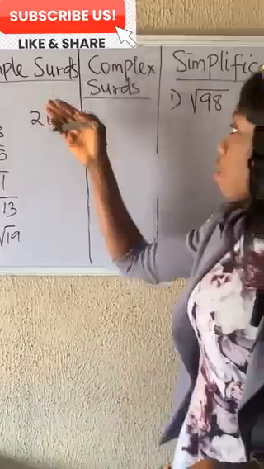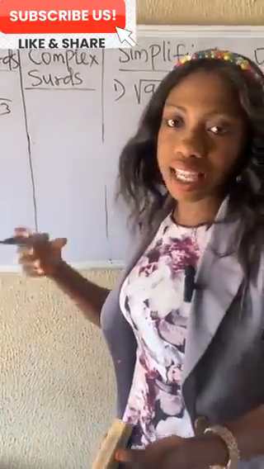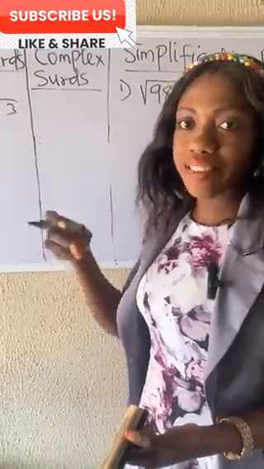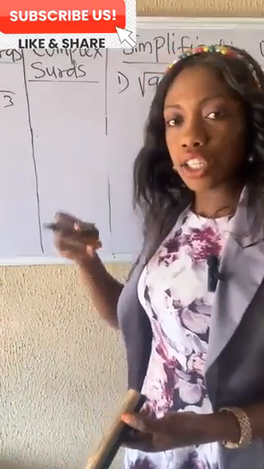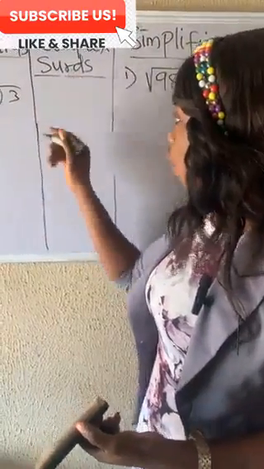Okay, apart from the simple ones, there are the complex sods. The complex sods are those that have perfect squares in them. And whenever a sod has a perfect square in it, it is now your duty to reduce it. So let's take some examples of the complex sods.